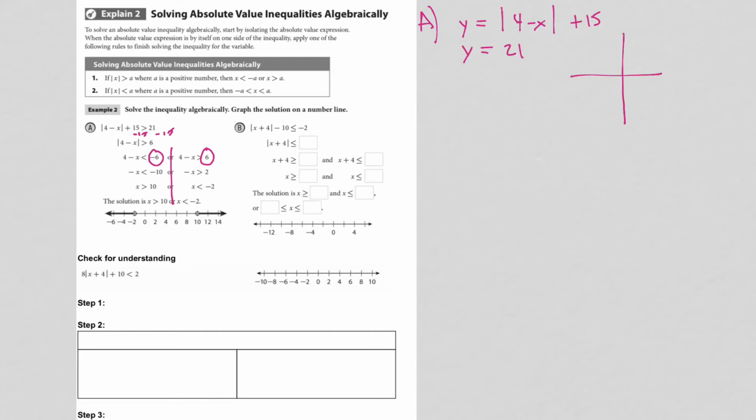And let's see, where would the graph be? It would probably be shifted over here and up a bunch, and eventually you would get a V with some intersection points, and they actually wind up with intersection points right at -2 and at 10.